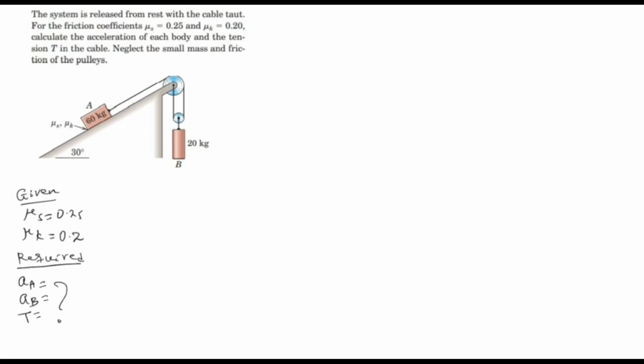To solve this, let's draw the free body diagram in two parts, that is, for cylinder B and for block A. Now for cylinder B, let's take some notation. That means how the weight of the cylinder has an impact on the block to move it either upward or downward.